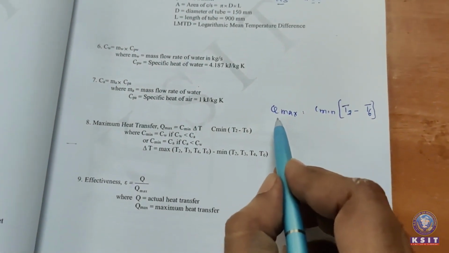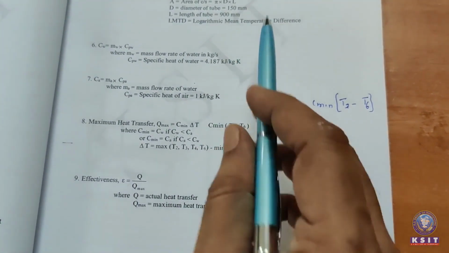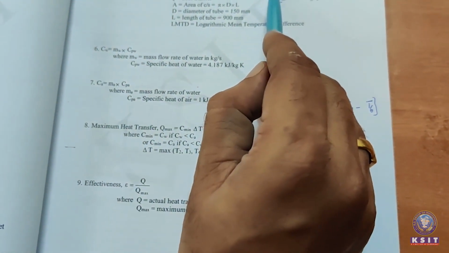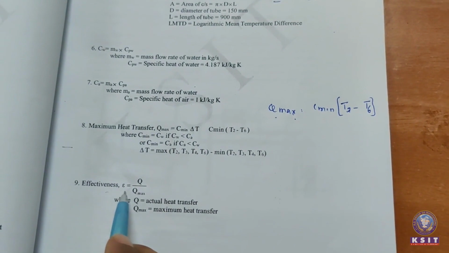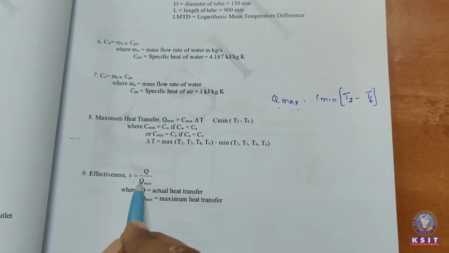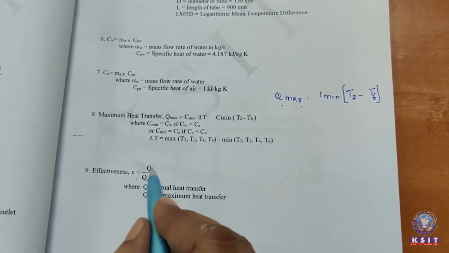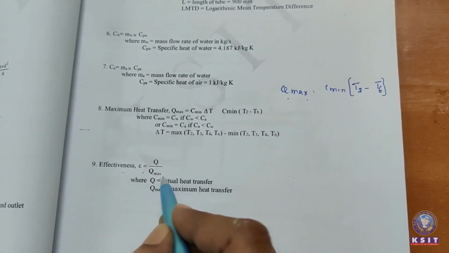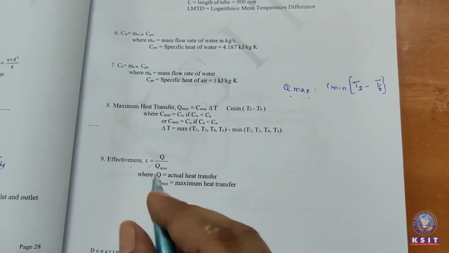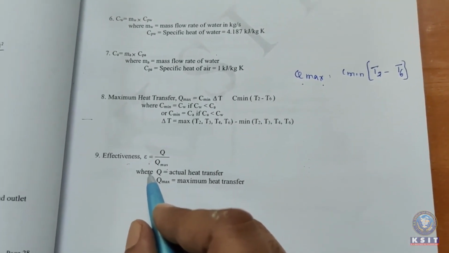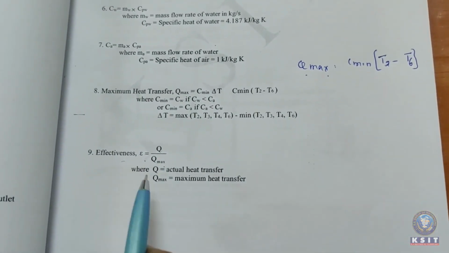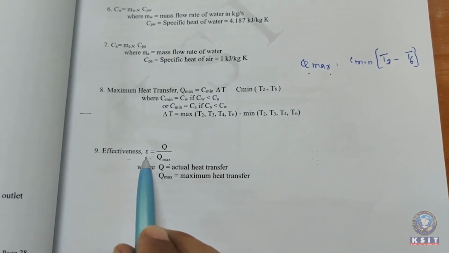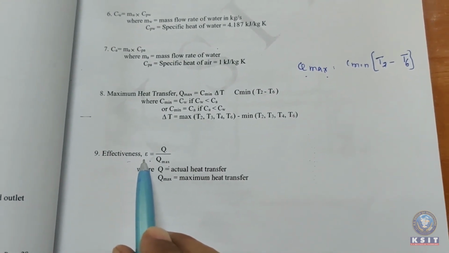So you know the maximum heat transfer and you know the actual heat transfer. Then you calculate the effectiveness. Effectiveness of heat exchanger equals actual heat transfer by the maximum heat transfer. And when you compare the effectiveness for parallel and counterflow heat exchanger, the effectiveness for a counterflow will be higher than the parallel flow heat exchanger.